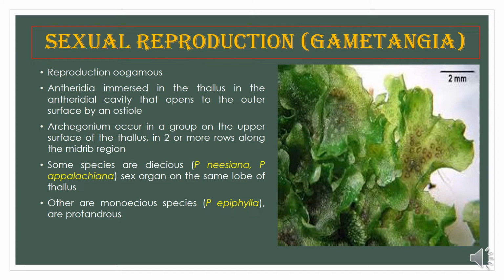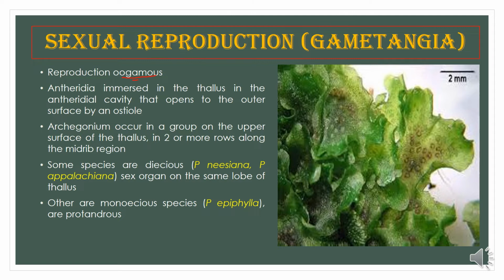So, the reproduction in Pellia, just like other bryophytes, is oogamous. Oogamous means that the gametes are different both physiologically and morphologically.